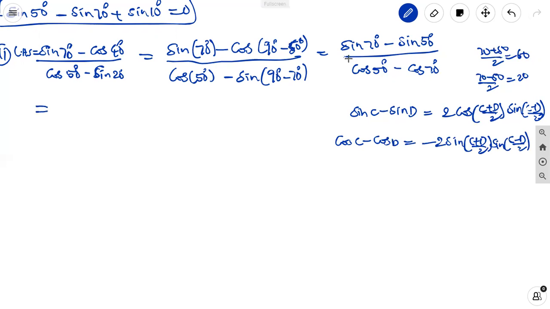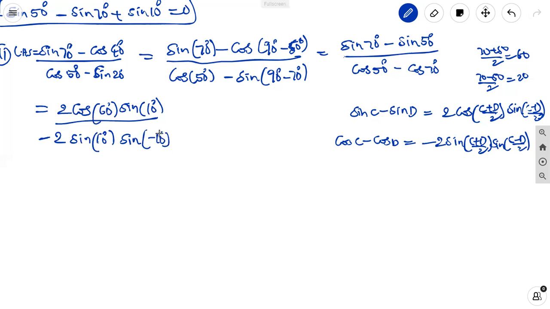So this is equal to, sin C minus sin D means 2 cos of 60 degrees sine of 10 degrees, it's a small angle so it's 10 degrees only, by cos C minus cos D means minus 2 sine of 60 degrees, since C plus D is positive, and C minus D is negative, sine of minus 10 degrees.